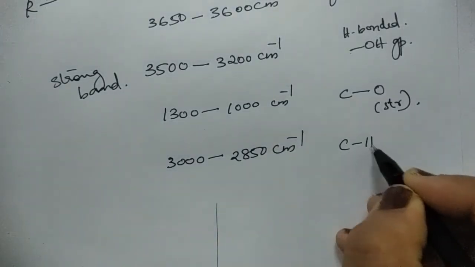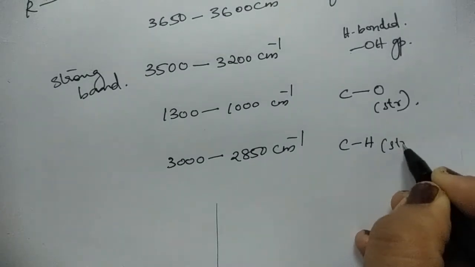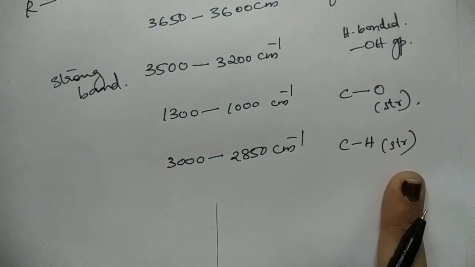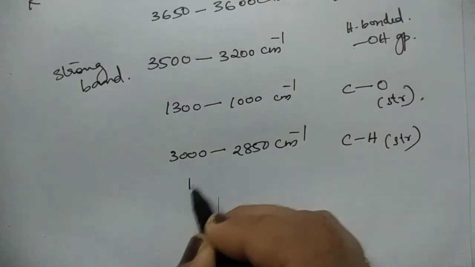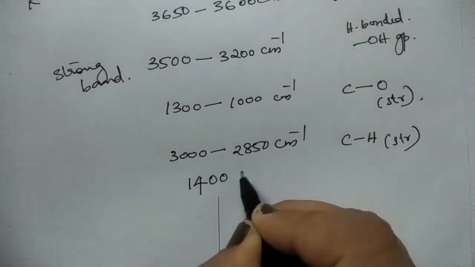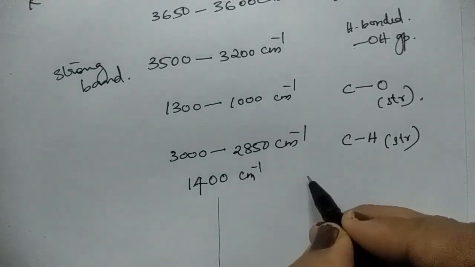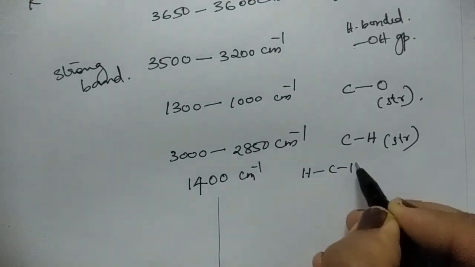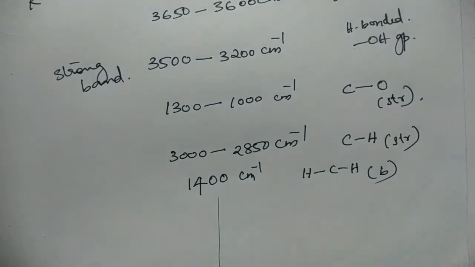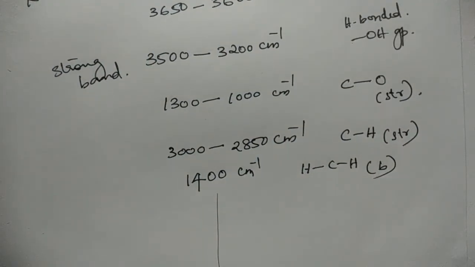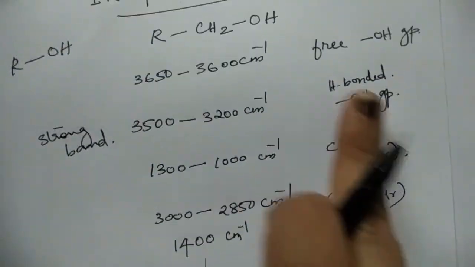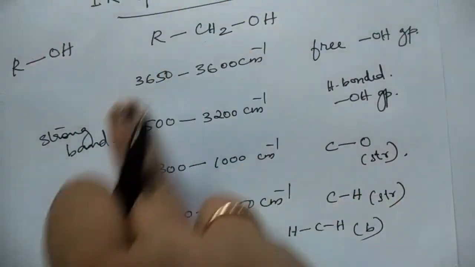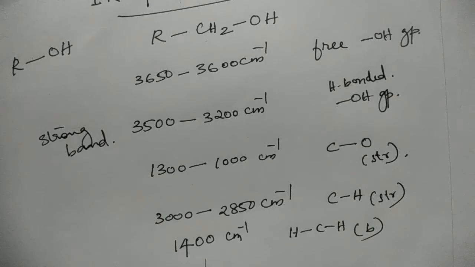That represents the CH stretching band. And a value at 1400 per centimeter shows HCH bending vibration. So these are the common spectra that you will be seeing in alcohols.